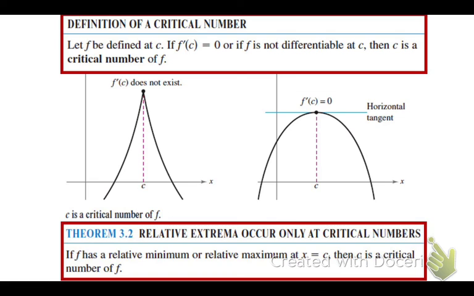Okay. So here it is. A critical number is the 0 of the first derivative. That is what a critical number is. The zeros of the first derivative.